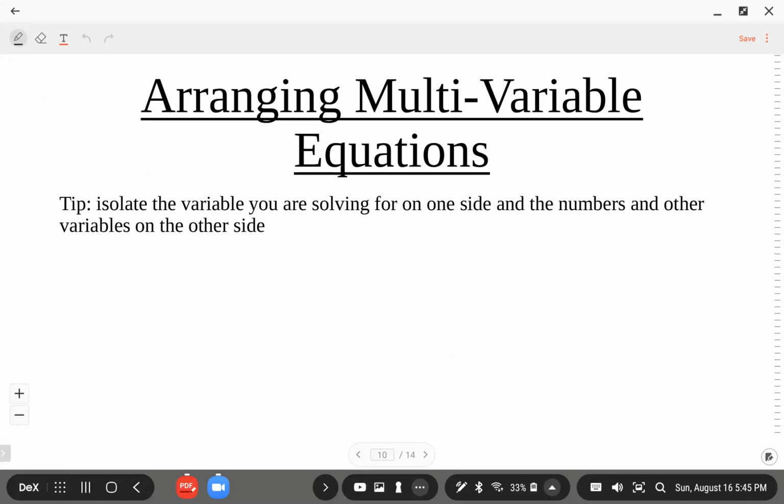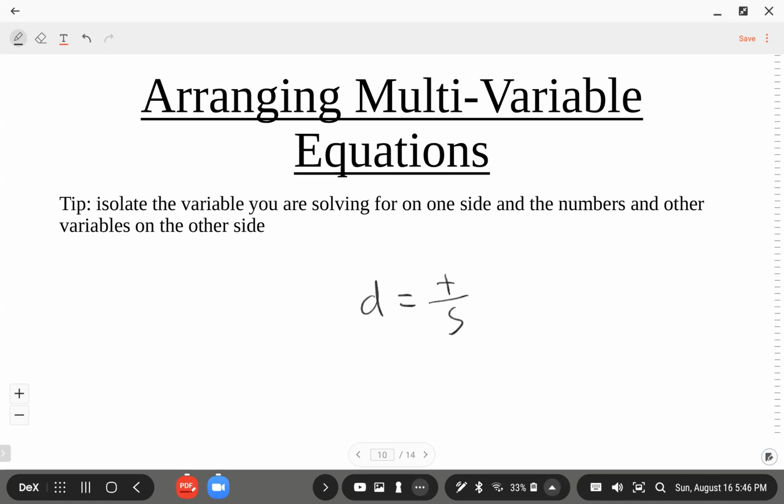And also, let's move on to arranging multivariable equations. Okay, so these topics in the schedule, they're all interconnected. So the method I taught you maybe a few subjects ago can be used to solve these subjects. So the tip for arranging multivariable equations, let's say we have a b equals t divided by s.